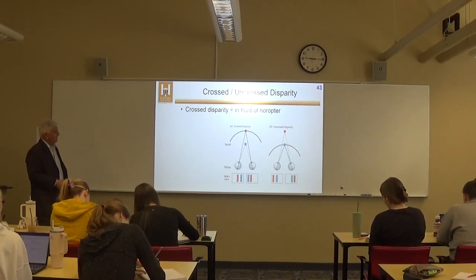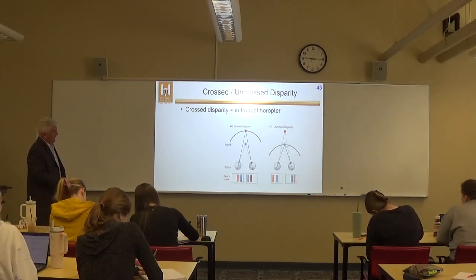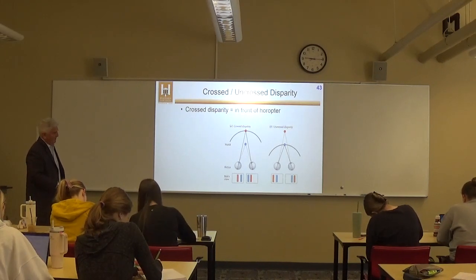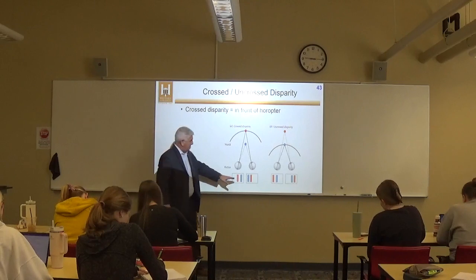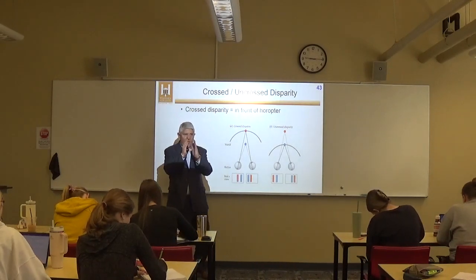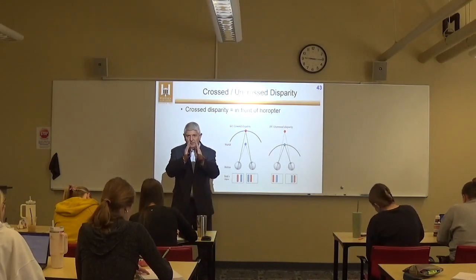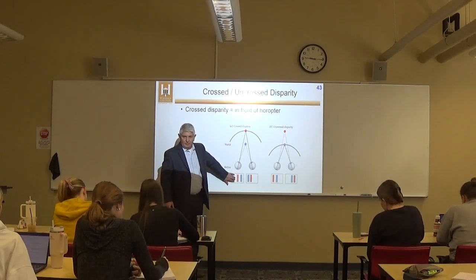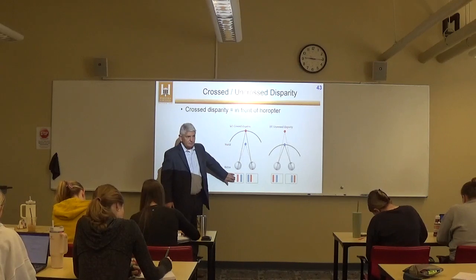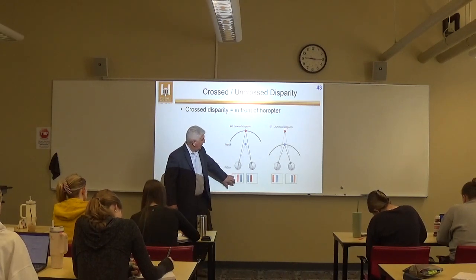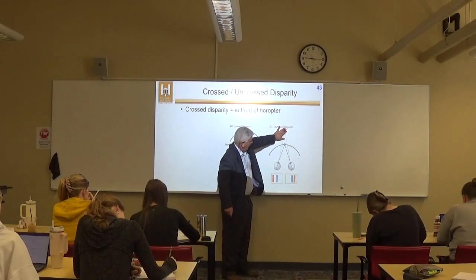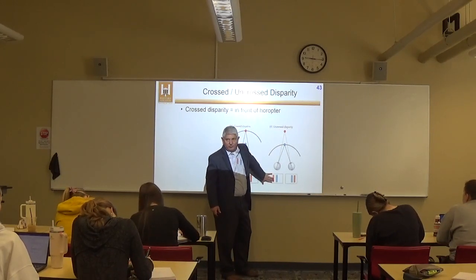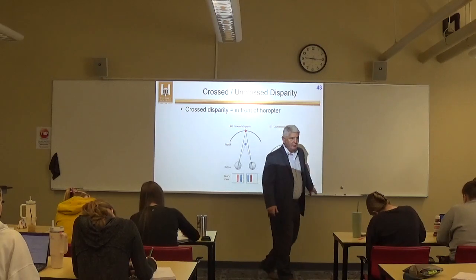So, crossed disparity means that something is in front of our horopter, and that image is going to appear on the nasal side of the thing that's in focus. Something that's further away is going to appear on the peripheral side, and that's called uncrossed.